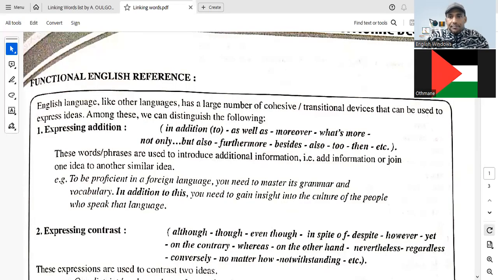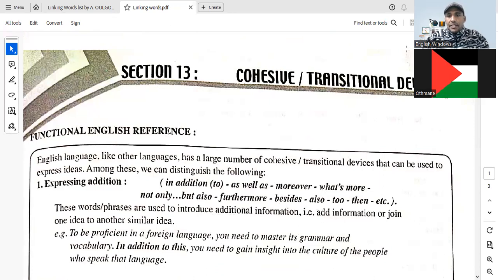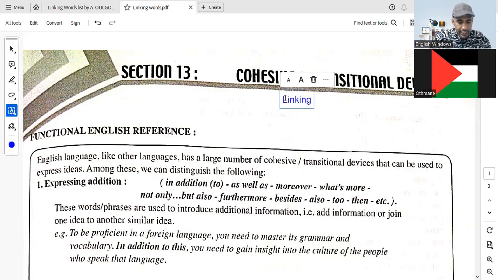All right. As you have here in the introduction, we have cohesive devices or transitional devices, also called linking words, and sometimes connectors or connecting words.